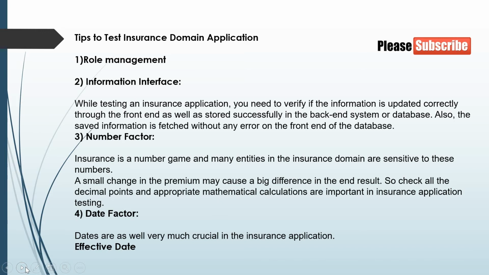So as I told you, there are many things. As I told you in the example, roles and permissions are granted to the appropriate user, and the end-to-end flow is performed correctly or not. Software testing is essential to avoid these types of mistakes in the business, so that the end user accepts the final quality of the insurance product or insurance software application.